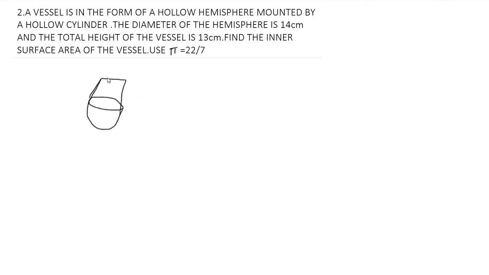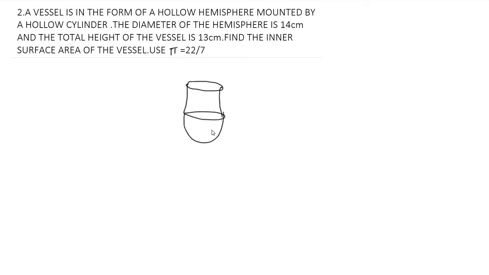Let me draw it again. Actually, the diagram will be like this: the vessel is in the form of a hollow hemisphere mounted by a hollow cylinder. This is a cylinder, this is a hemisphere.